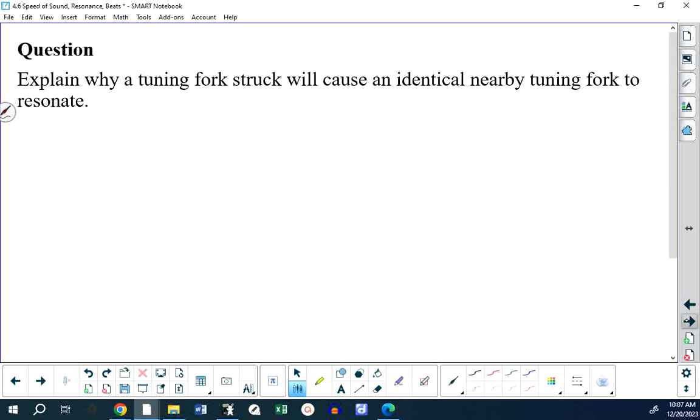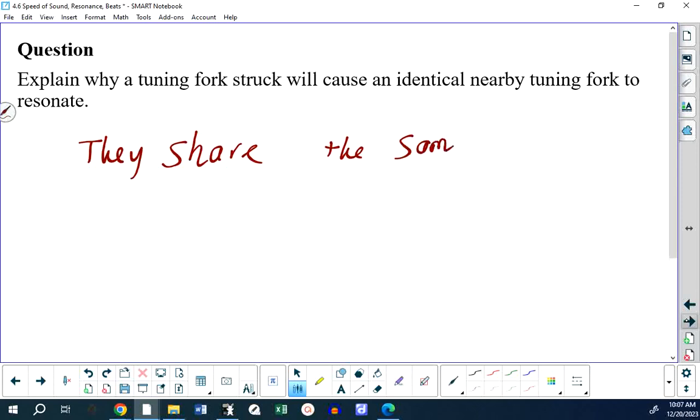So the reason is they share the same resonant frequency. If one is capable of oscillating at 259 hertz, and I can get the air in the vicinity of it oscillating at 259 hertz without touching the tuning fork physically, then those air molecules will be colliding with the tuning fork.